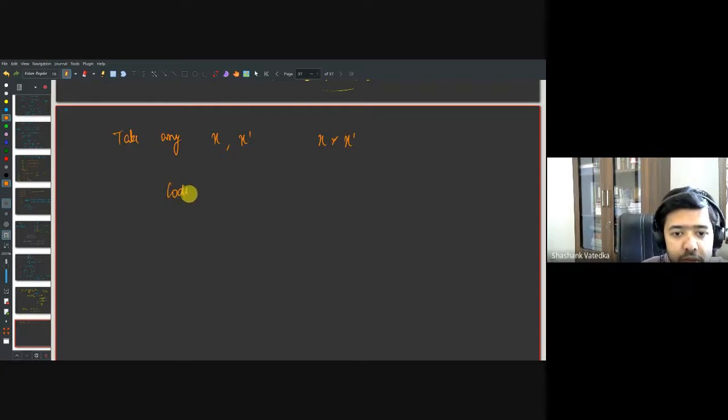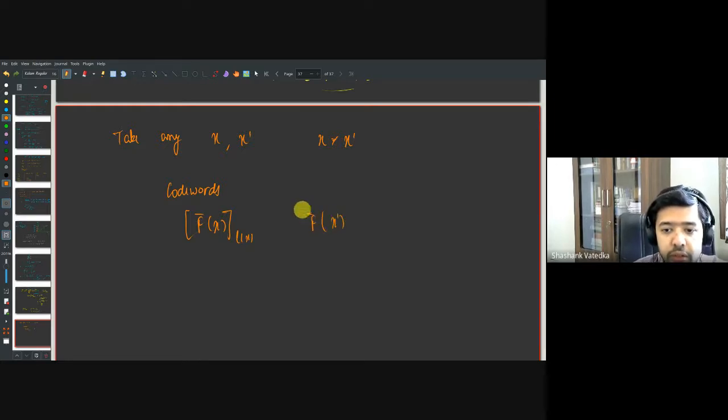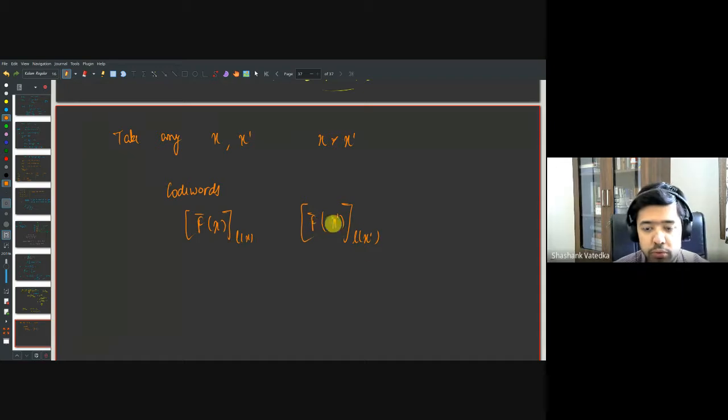The code words are basically represented as f bar of x truncated to L of x and f bar of x prime truncated to L of x prime. So these are whatever, you can think of this as a sequence of bits, but you can also think of them as two real numbers. Now, can these two real numbers be equal to each other?